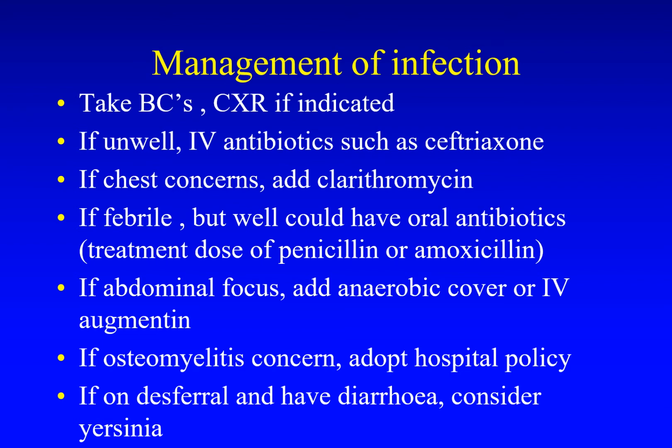If there's an abdominal focus, then always consider adding anaerobic cover. If there's osteomyelitis concern, now this is something which is quite interesting because in most children, osteomyelitis is rare, but in those children who have high inflammatory markers, despite treating them with antibiotics, or their temperature doesn't settle, you may have to think about osteomyelitis.